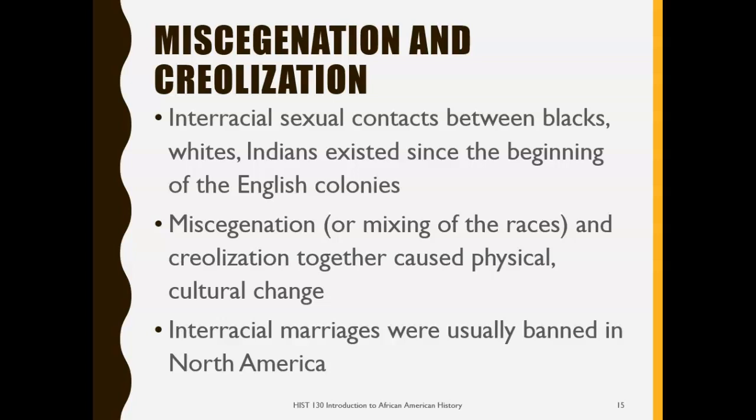So miscegenation and creolization caused physical and cultural change among the slaves. But generally speaking, interracial marriage between blacks and whites was usually banned in North America. Even in recent years, blacks and whites were not allowed to marry in some states.